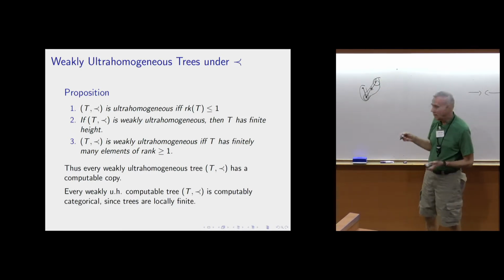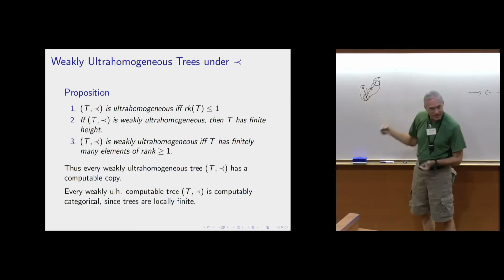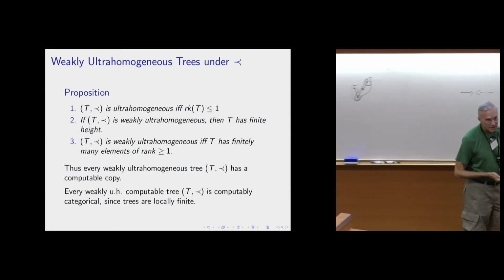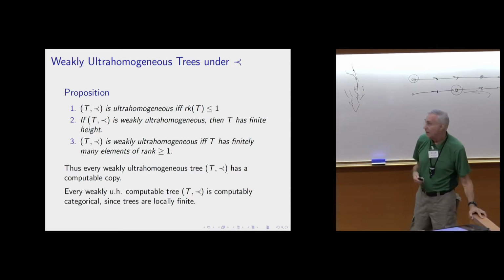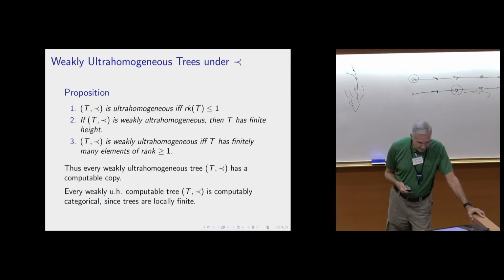The one and the one above it look the same: 2 points, one is above the other. But if this one has a node in between, and this pair doesn't have a node in between, then of course it's impossible to extend that to an automorphism. So the partial order doesn't give you enough information about the finite structures to do anything.